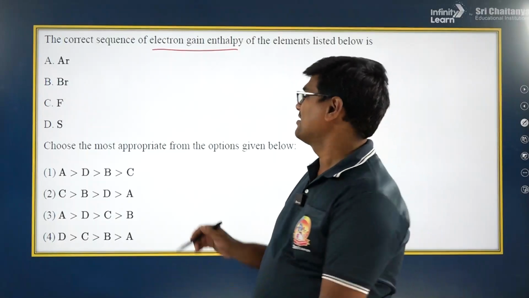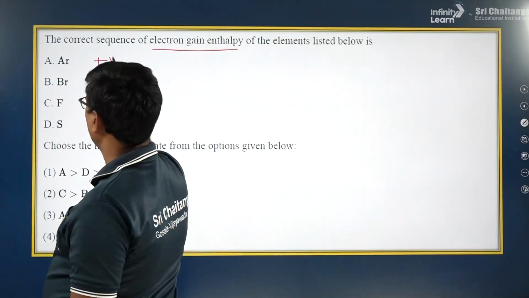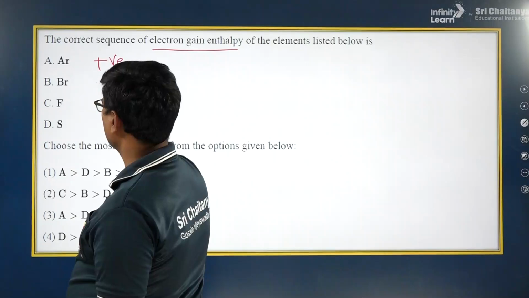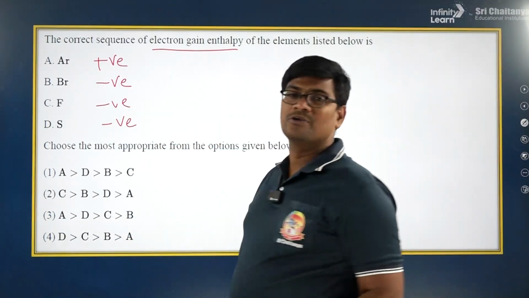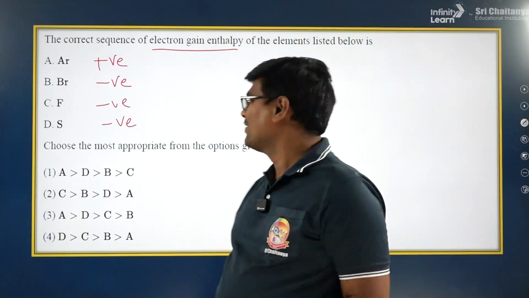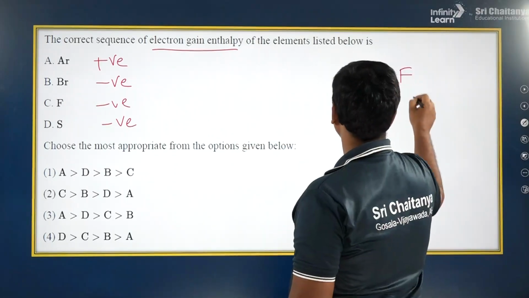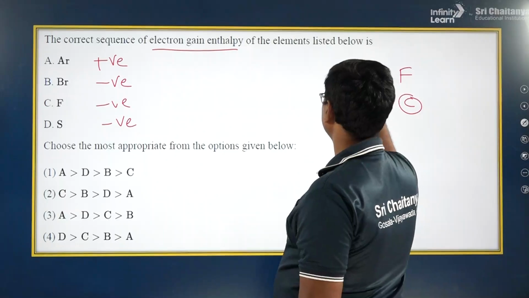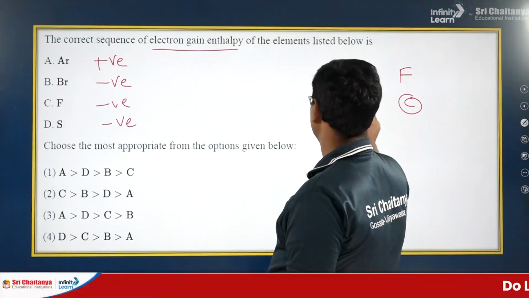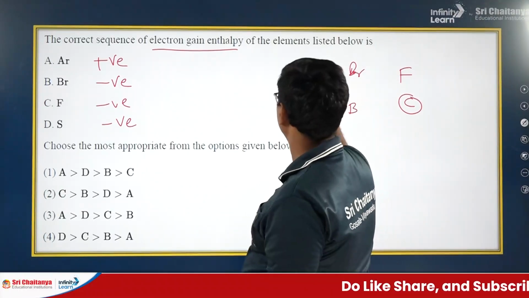Now if you see, argon does have a positive value, and bromine is negative, and fluorine also negative, and sulfur also negative. Which has the most negative value? Fluorine, right? We know it, fluorine. That is C. Now the second most in this list, bromine. That is option B. And the next one is sulfur.